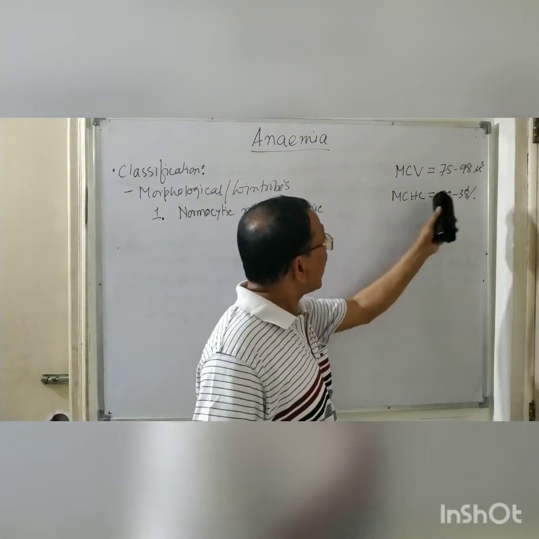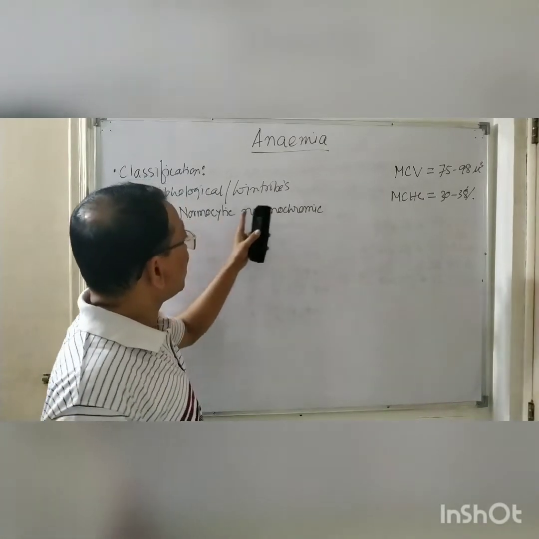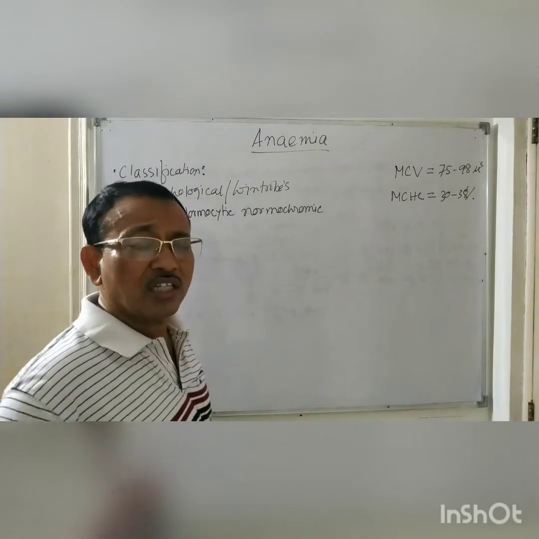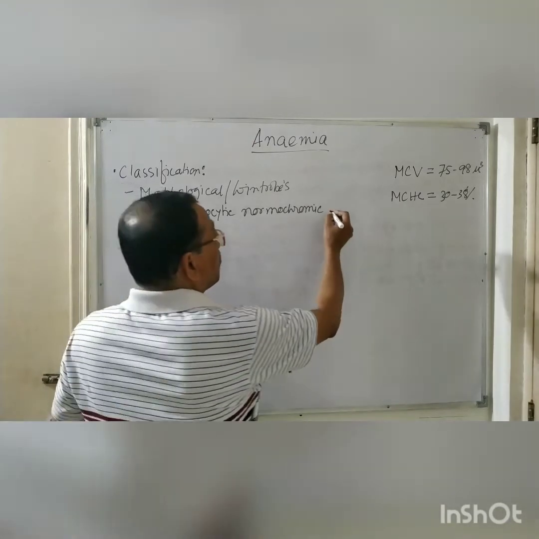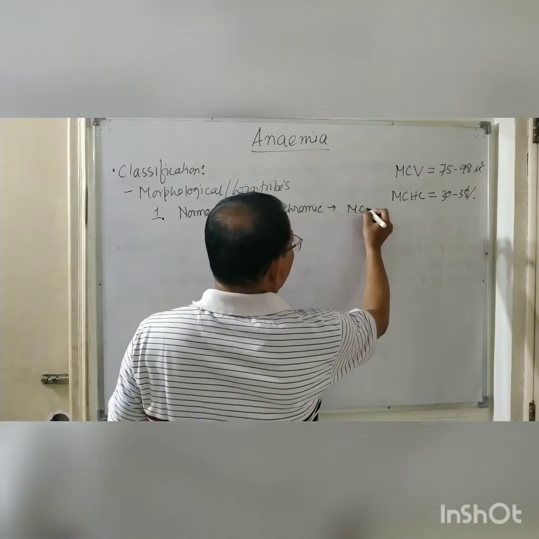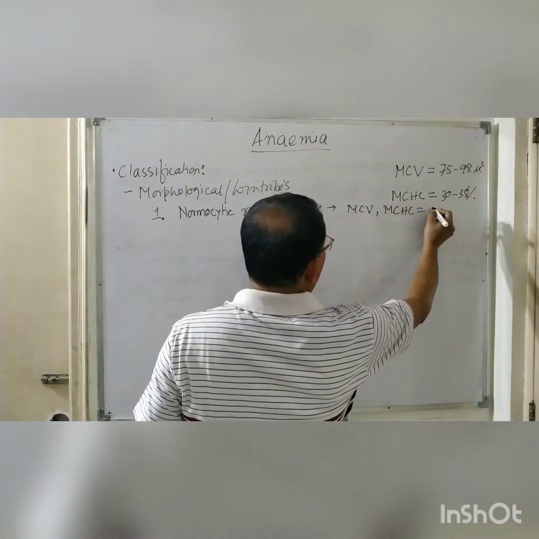With this idea in our mind, let us now see what is normocytic normochromic. Normocytic normochromic means that the MCV and MCHC both are normal.